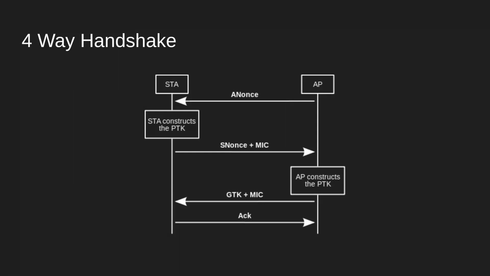So the access point maintains those group keys, and it sends it back to the client. The MIC, the authentication code there, is to assure the client that the access point is really the access point. And then the client sends back an acknowledgement telling the access point that it's received the group key.